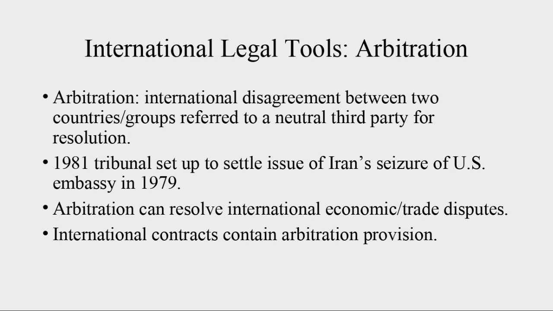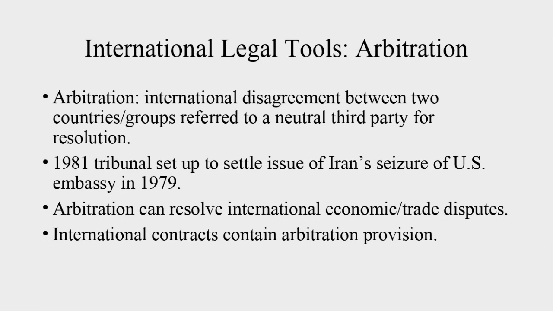An example of this was in 1981, when an international tribunal was set up to settle the issue of Iran's illegal seizure of the U.S. Embassy in 1979. When the rebels took over control of the embassy, they held people hostage for over a year, trashed the embassy, and caused millions of dollars in economic damages.